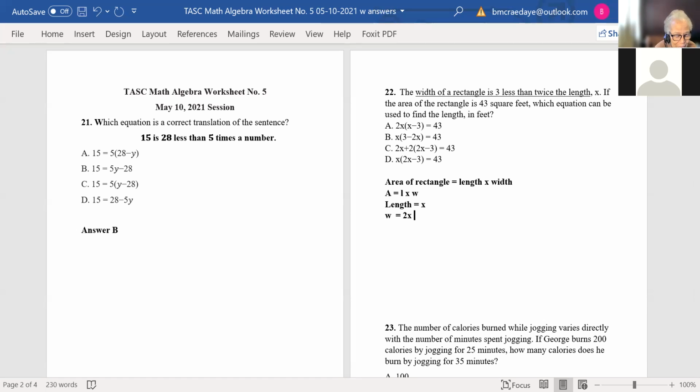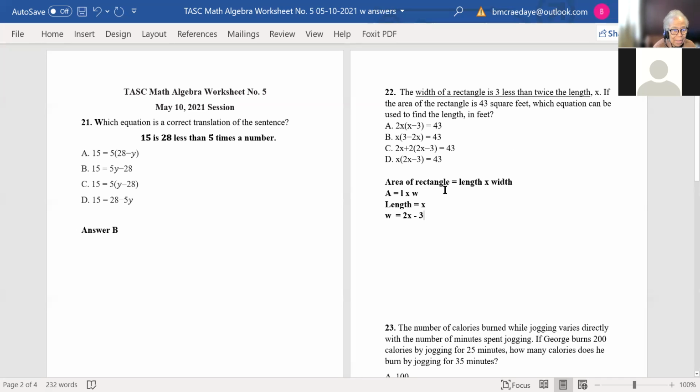How do I write 3 subtracted from this, twice the length? 2x minus 3. That's it. Because 3 less is minus 3. Very good. So I've got the width and I've got the length, right?